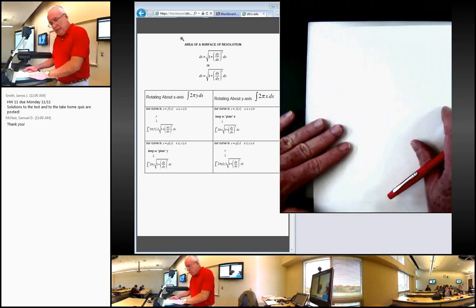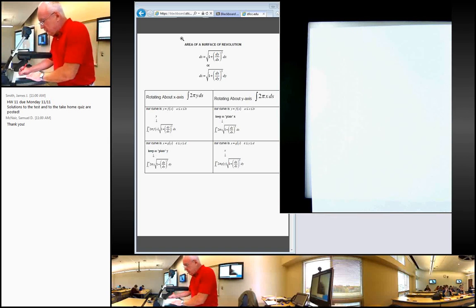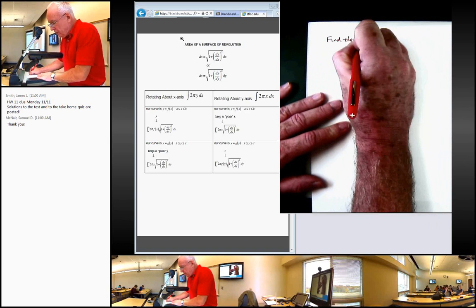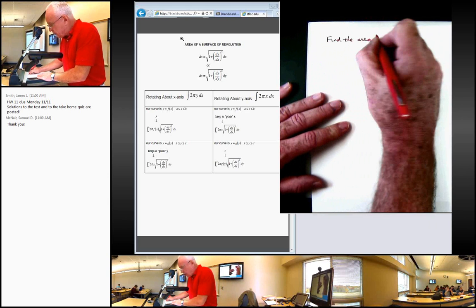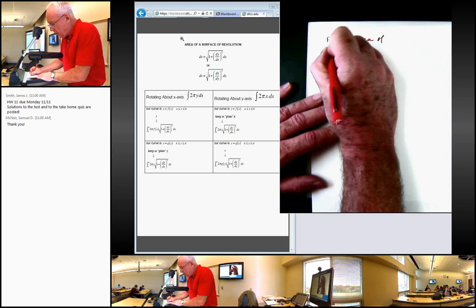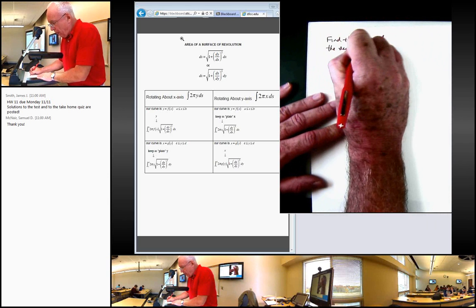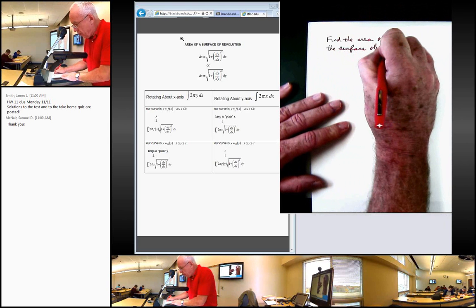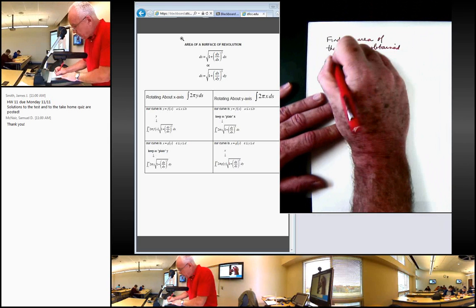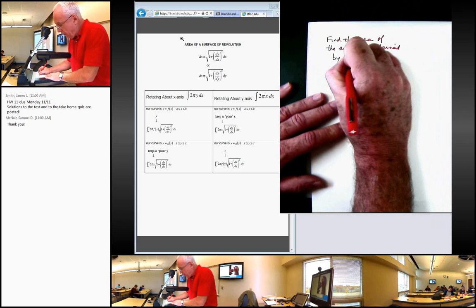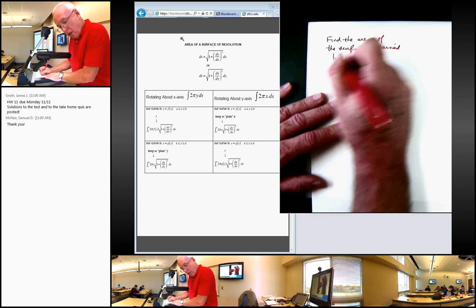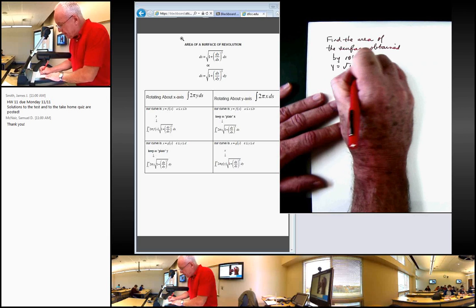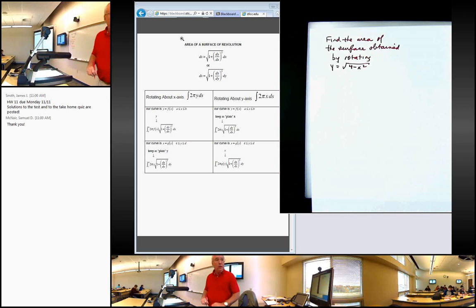So the first thing I want to look at is this. Say find the area of the surface obtained by rotating y equals the square root of 4 minus x squared, under the radical.